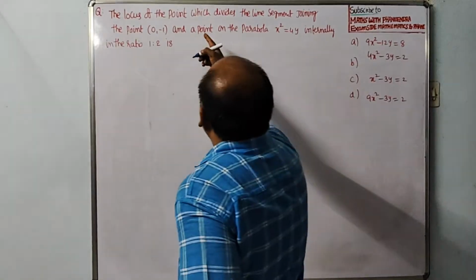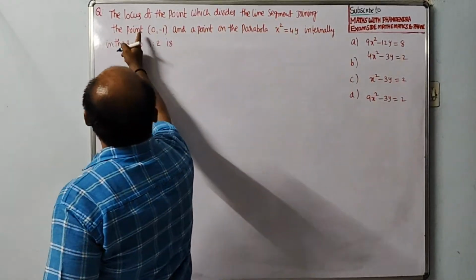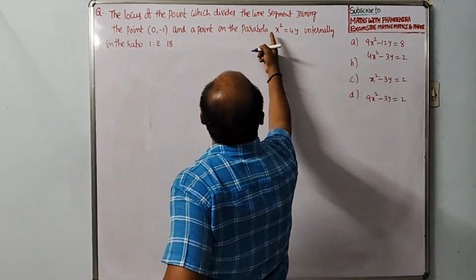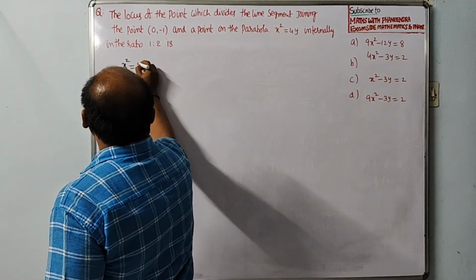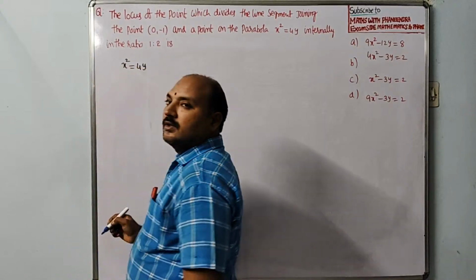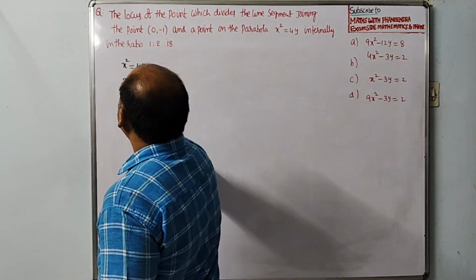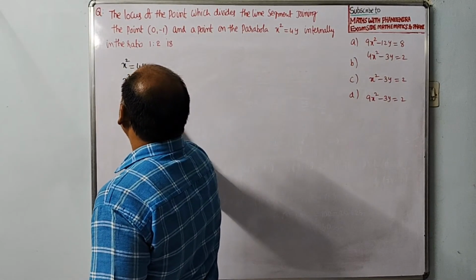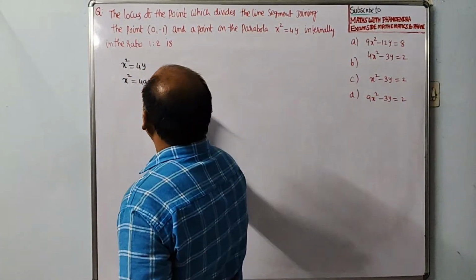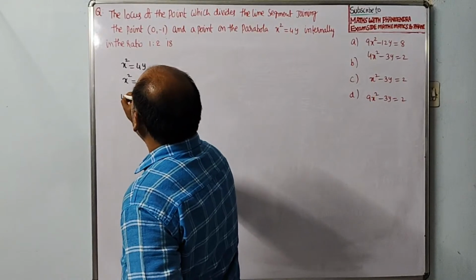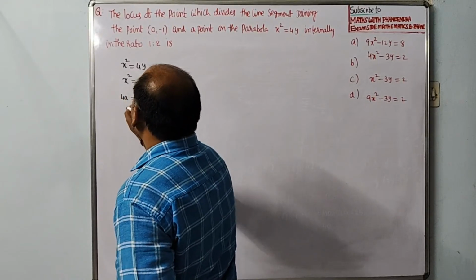The locus of point which divides the line segment joining the point (0, -1) and the point on the given parabola x square is equal to 4y. It is in the form of x square is equal to 4ay. So what is the general parametric point from this? 4a is equal to 4, so a is equal to 1.